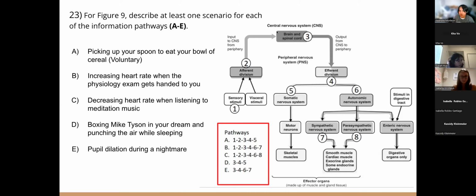These are all occurring in your thoughts and nightmares, causing you to feel like you're in a life-threatening situation. Your brain sends out instructions to your sympathetic nervous system to control your pupils, right? So that's it for that.